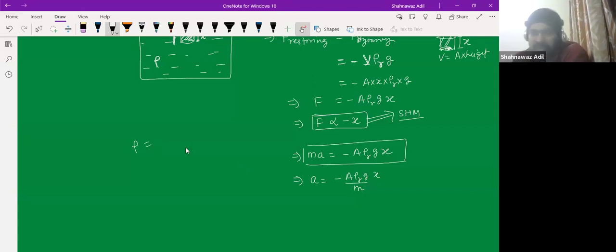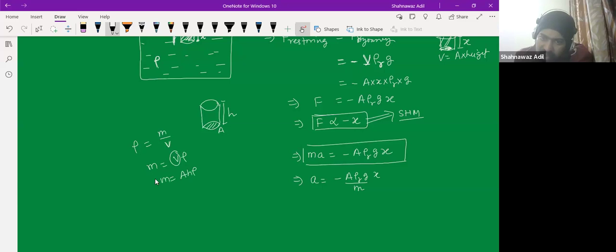Density is how much? Mass by volume. So then we can calculate mass, which is rho times V, and we know the volume of this cork. That is area A times the height of the cork, so this is A H. If we put this value in here, what will we get?